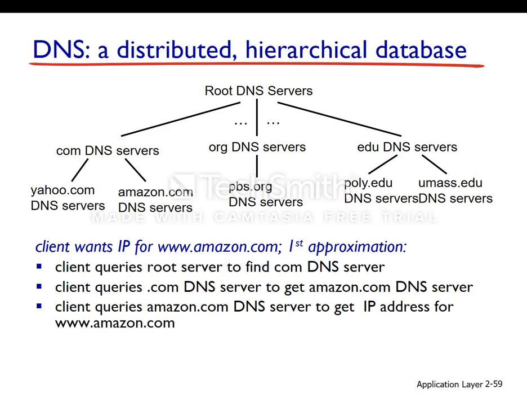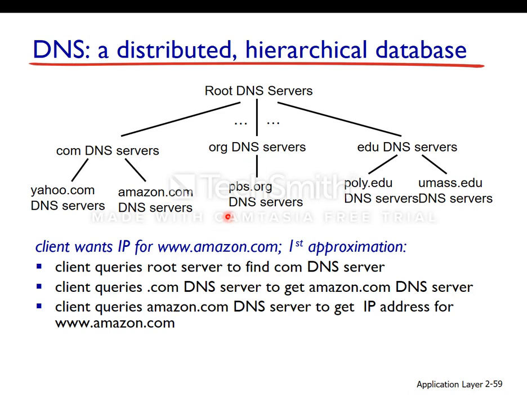These are called top-level domain name servers. And then below that, you have the DNS servers for different organizations. So yahoo.com and amazon.com would be part of the .com tree, pbs.org would be part of the .org tree, and poly.edu, umass.edu, ue.edu.